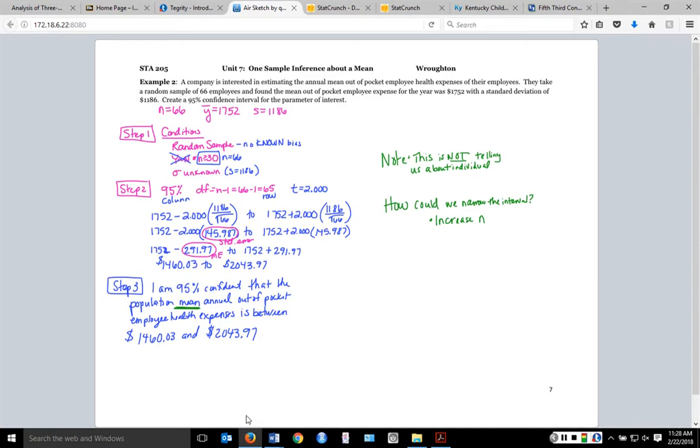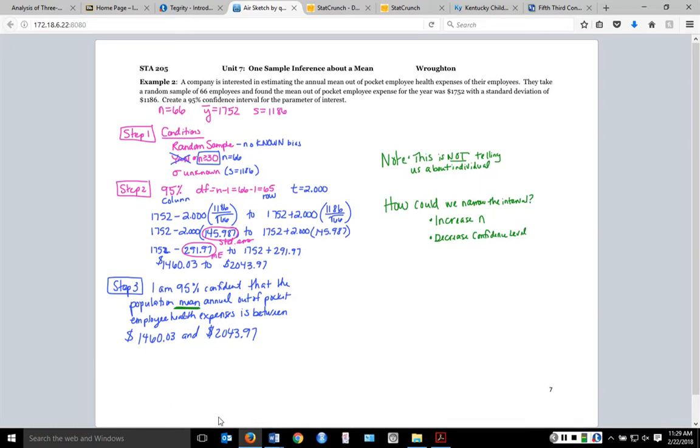The more data we collect, the better job at estimation we're doing. Again, assuming we're doing things in an unbiased fashion there. Other thing that we can do, which is not as good, right, is to decrease our confidence level. So instead of being 95% confident, I can be 90% confident instead.